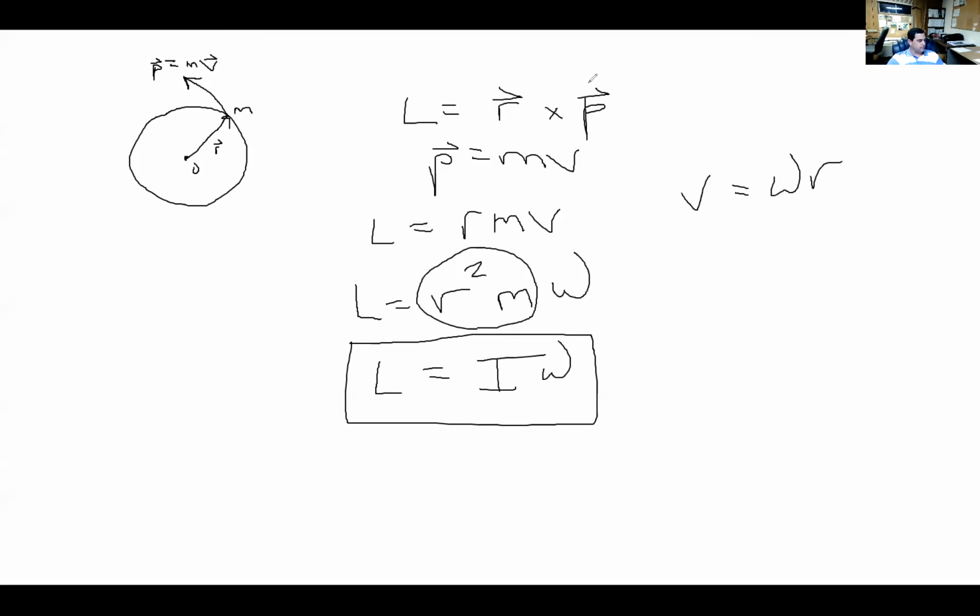Switch over to my whiteboard. So we know that the pulley has some sort of angular momentum, and we know that torque is equal to the change in angular momentum with respect to time. We know angular momentum is given by moment of inertia times angular velocity, and angular velocity is linear velocity divided by radius.